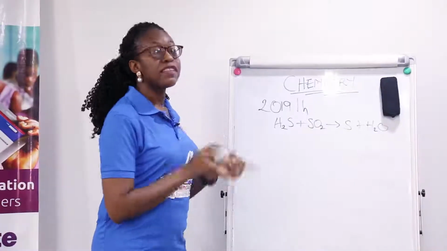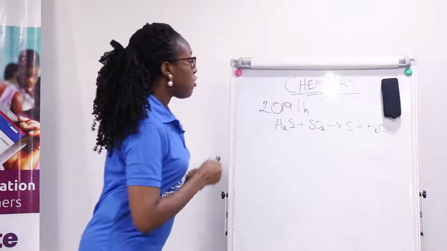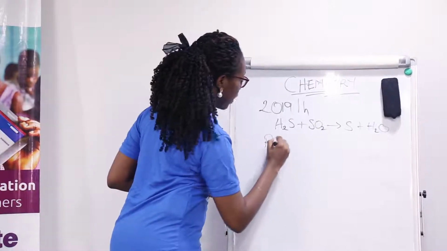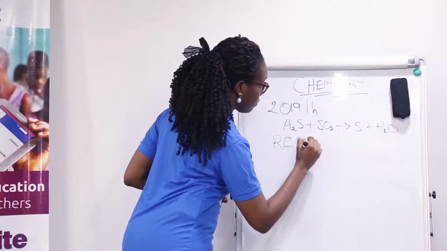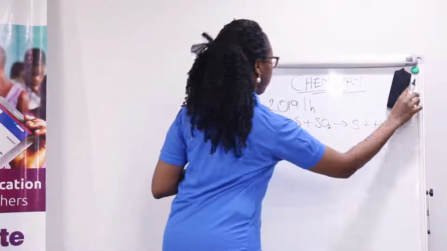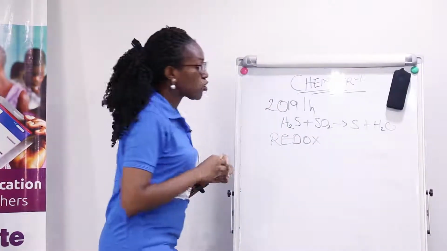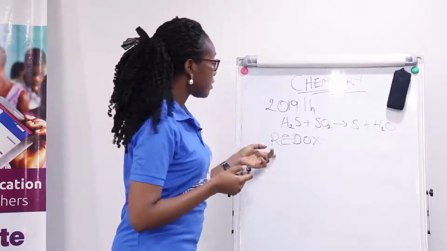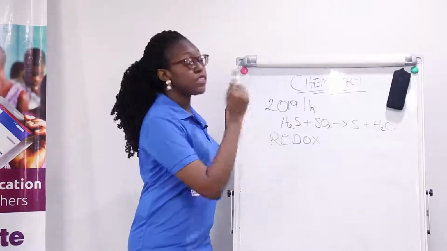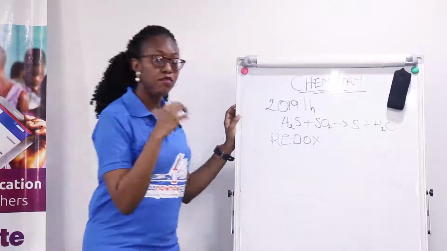How do we determine the element or compound that is undergoing oxidation? From our definition of redox reaction, we know that reduction in terms of the removal of oxygen has to do with the loss of oxygen, while oxidation has to do with the gain of oxygen.